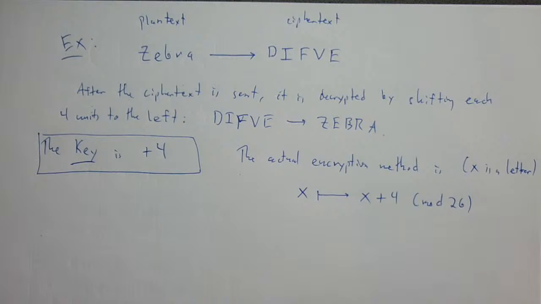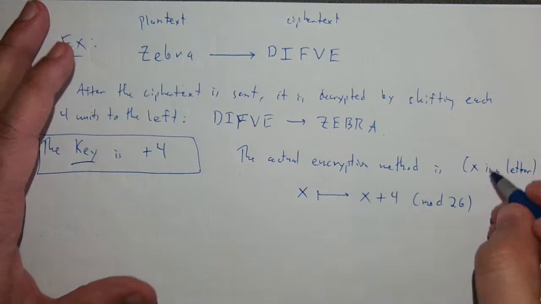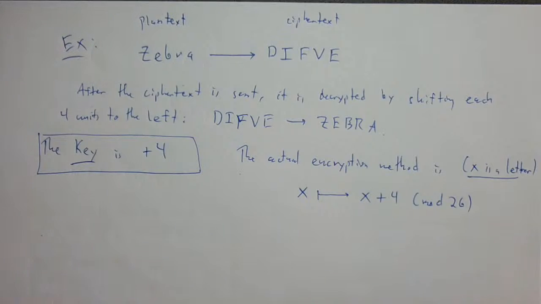But what do I mean when I say X is a letter and then I'm adding it and talking about modular arithmetic here? What is it that I'm actually doing here? When I say that X is a letter, it's that for each letter value I've assigned it some X number. Okay, so since the alphabet is 26 letters long, that's where the mod 26 comes in.